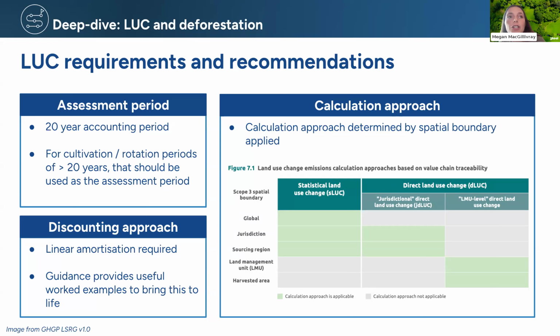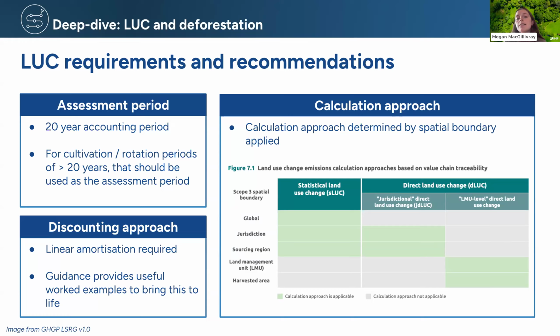The second key consideration is the discounting approach. So once you've identified any land use changes within the last 20 years, the emissions then need to be spread over the following years. And that reflects that land use change emissions don't happen the instant you convert the land, but over several years following the conversion event. So the Greenhouse Gas Protocol requires those emissions to be linearly discounted over the following 20 years.